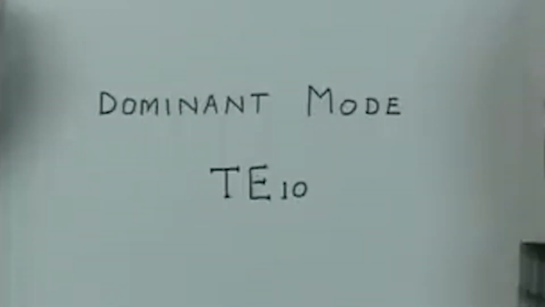We also argued that most of the time people want to operate in the dominant mode, or in single mode, on a waveguide to avoid dispersion, that is broadening of the signal in the time domain as it travels on a guiding structure.